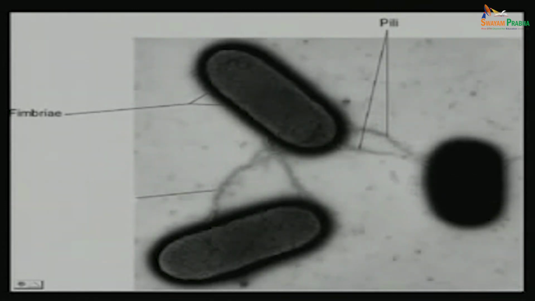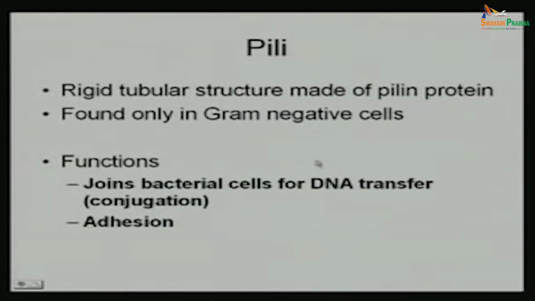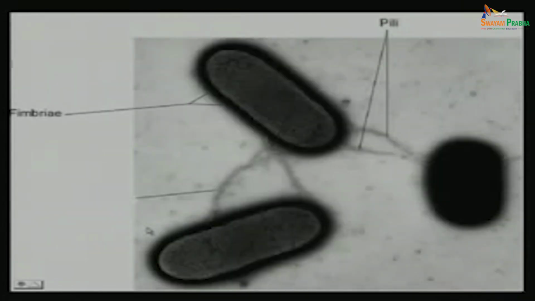This is the major function of the pilin protein. And if we see the other function, it also helps in adhesion. So, this is the major function of the different appendages present on the outer wall of the bacterial cell.